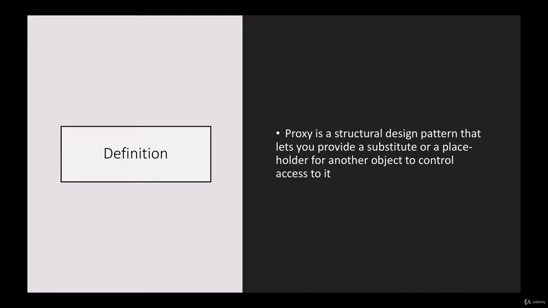Now let's say you have a lot of places in your code where you are trying to instantiate this object and perform some operations on it, and there's a lot of pre-instantiation work which you always need to verify whenever you want to use this object.